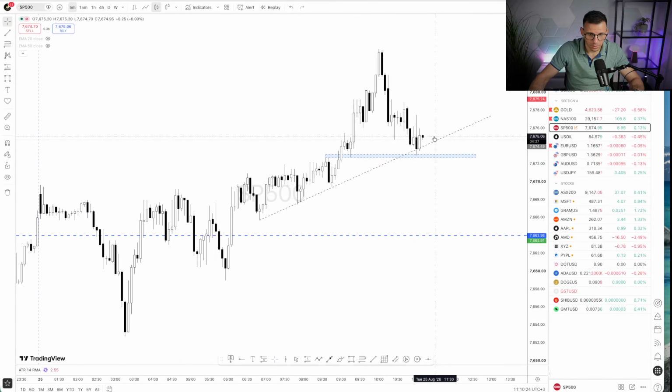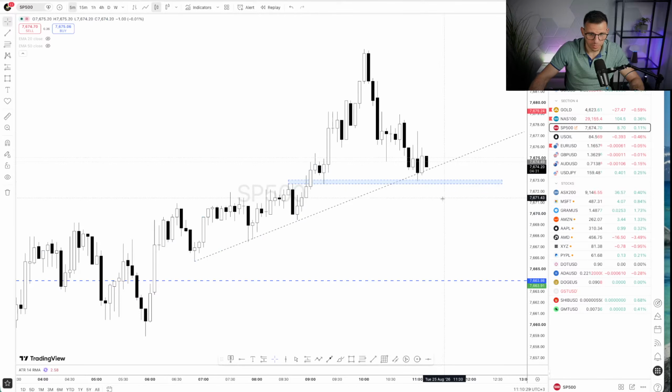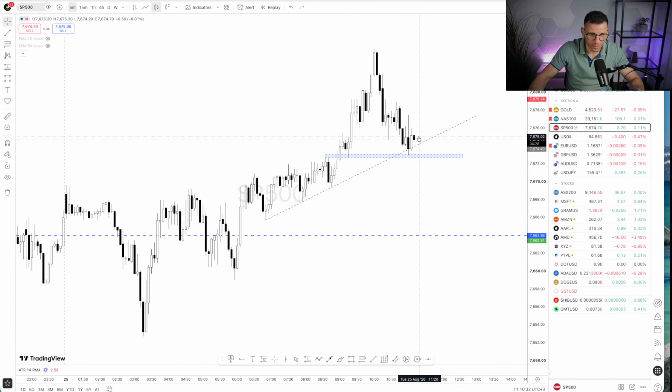So if it breaks below here, the price will hit down all the way until, so if we break this structure, we're gonna come down somewhere here. Or if we break above this high and continue, we're gonna look for the retracement to buy.